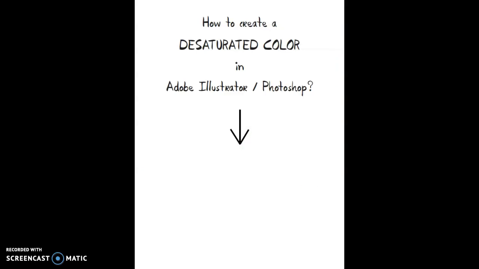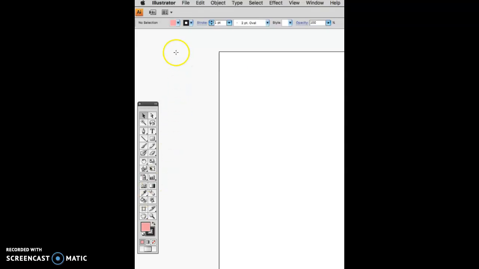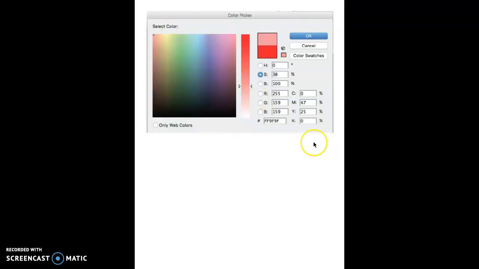So let's look at how we actually use this in Photoshop and Illustrator. How do I actually get a desaturated color? Illustrator and Photoshop both have the toolbar on your left. If you double click on the color box, you're going to get something that looks like this.